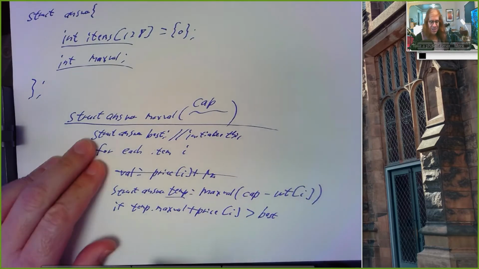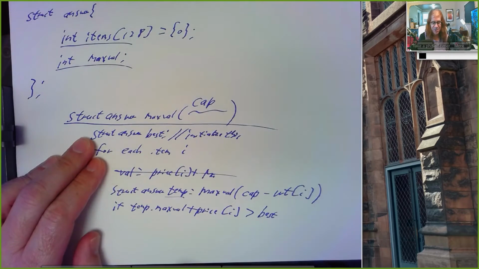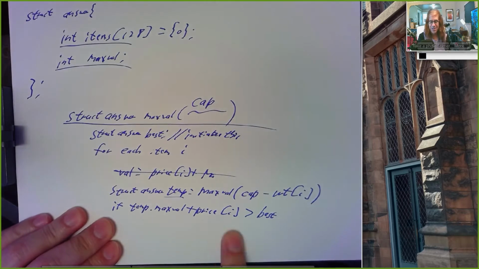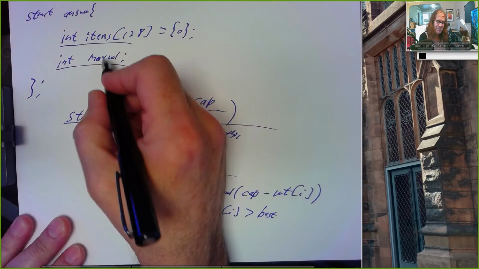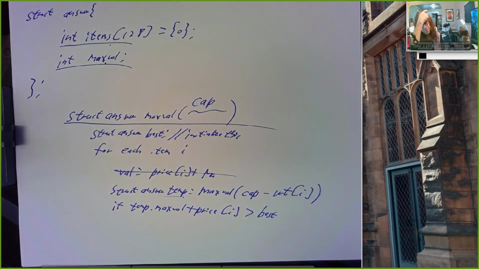So instead of saying, integer best equals 0, and then if this is better, set best equal to that integer, make best a struct answer. So it includes both the maximum value and the count of items.